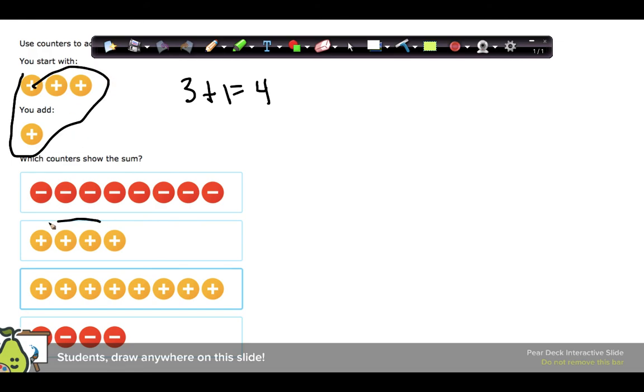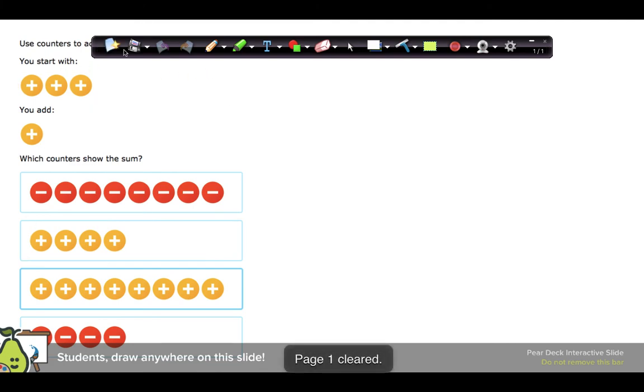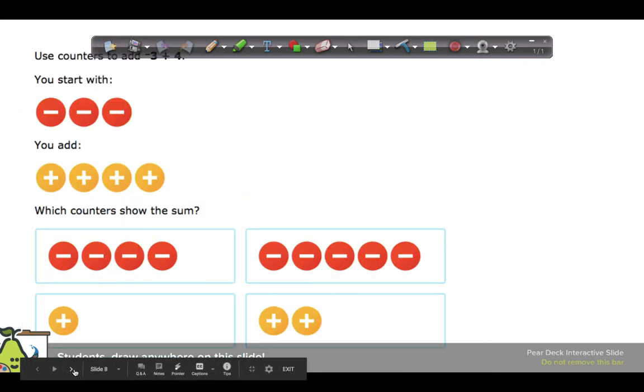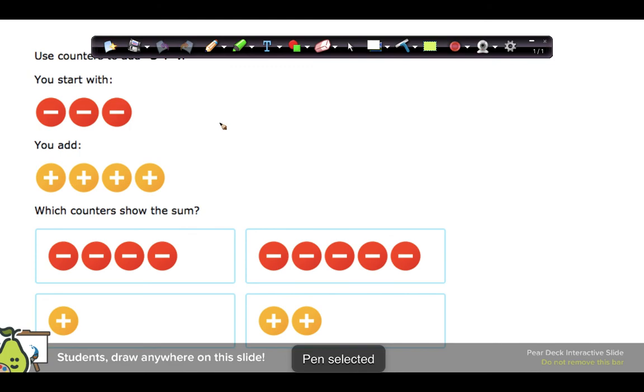And that looks just like this picture right here. When you're doing this IXL, you have to click on the picture as well as put in the answer on some of them. And then finally, we had one with some 0 pairs. So negative 3 combined with 4.